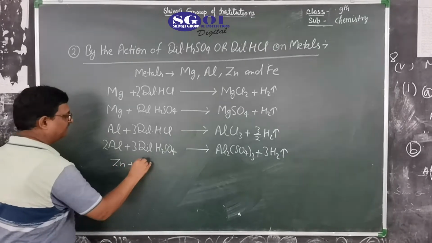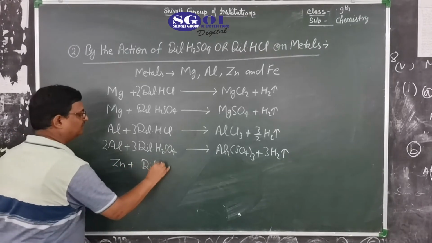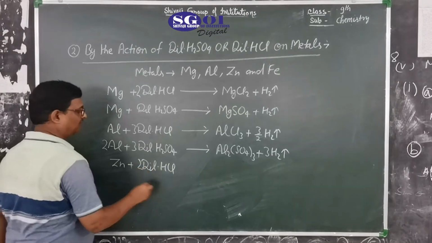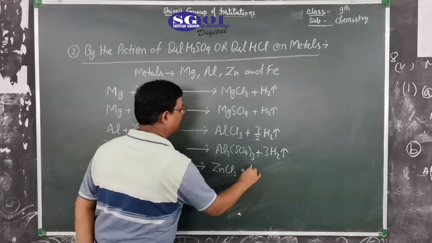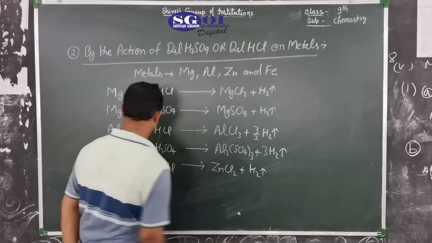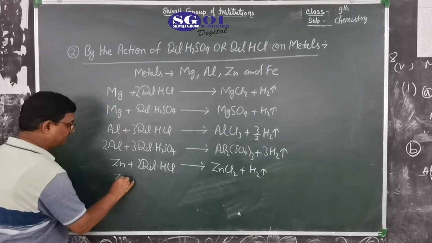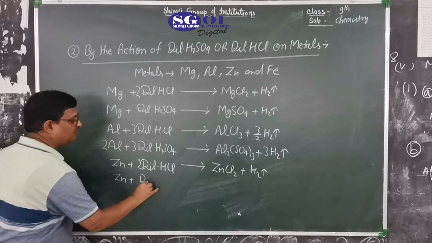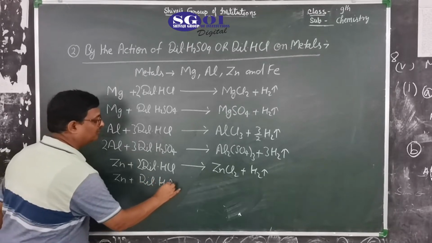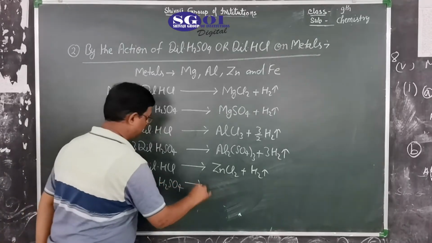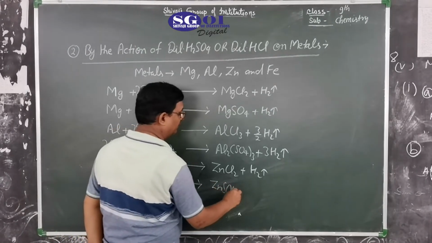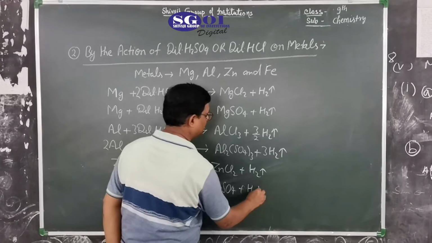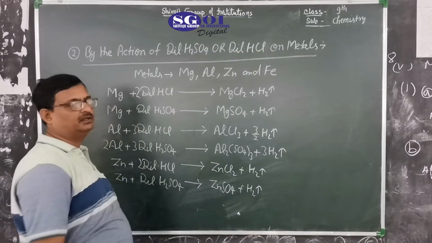Zinc reacts with dilute HCl. This reaction gives ZnCl2 and hydrogen gas. Or zinc reacts with dilute H2SO4. This gives ZnSO4 and hydrogen gas. Any problem?